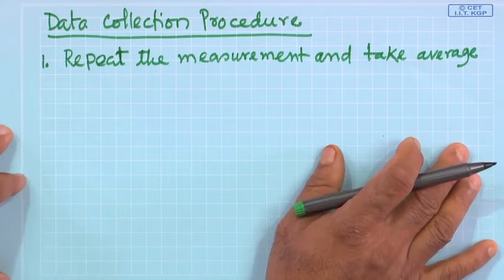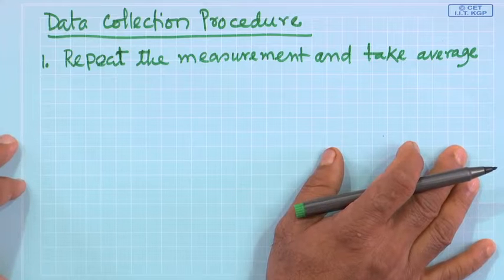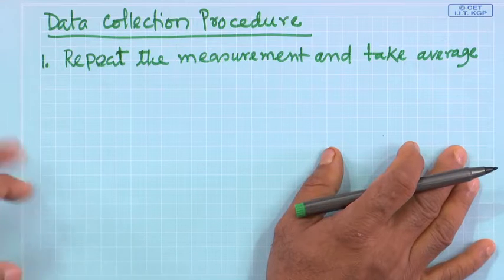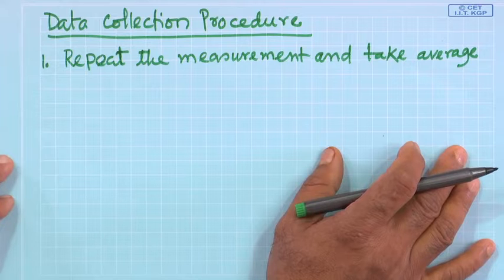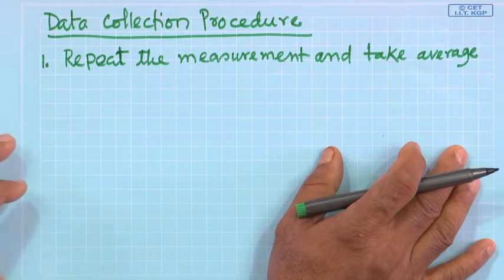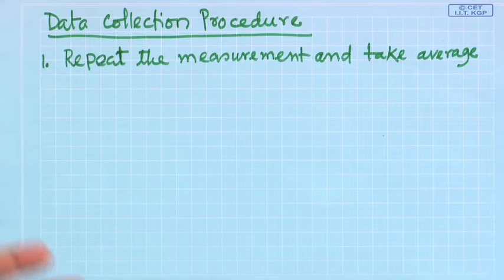That example I have already discussed. So, what is the importance of repetition of the measurement? I think I have already mentioned that, but let me repeat it.